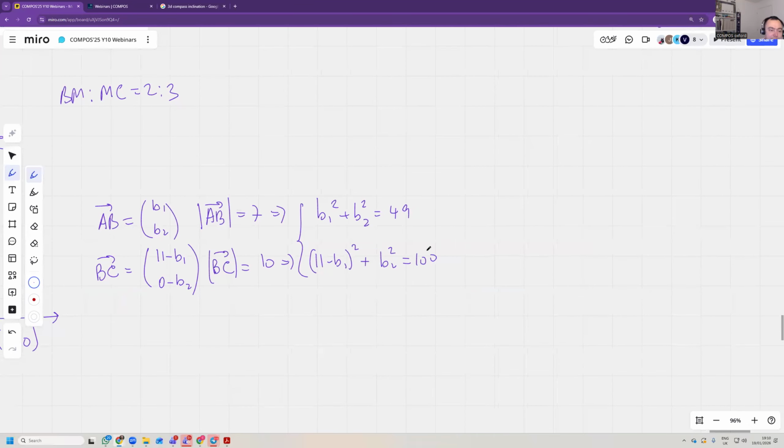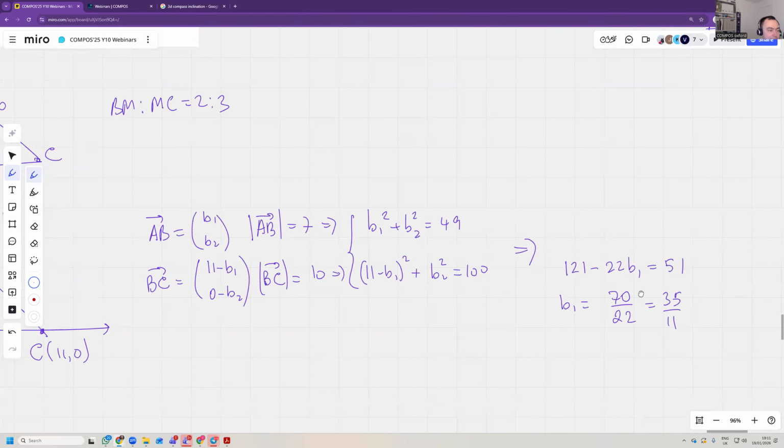You can subtract the bottom minus 10. So it's 121 minus 22 B1 equals 51. So B1 is equal to 121 minus 51, 70, so B1 is 70 over 22, which is 35 over 11, which kind of makes sense.